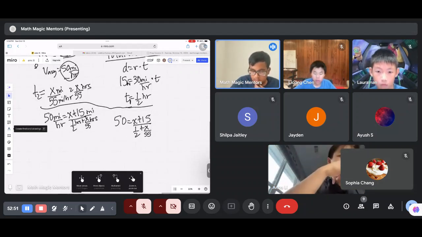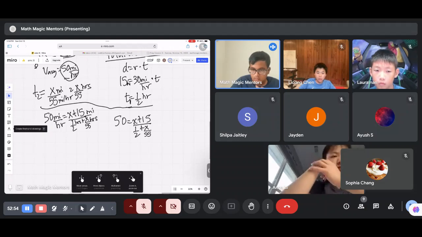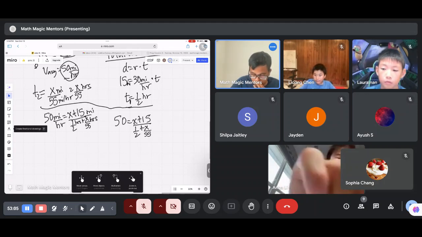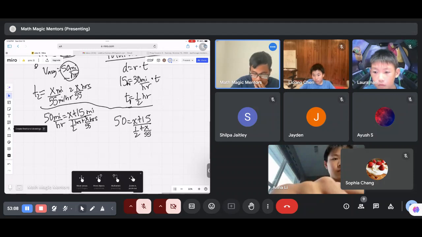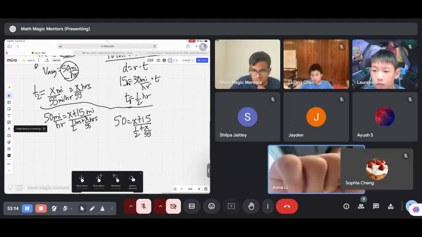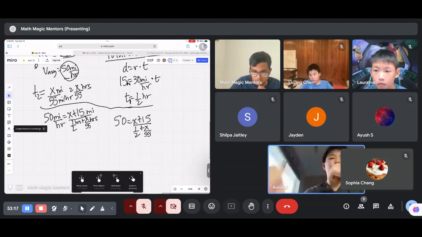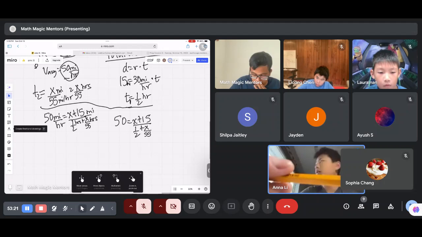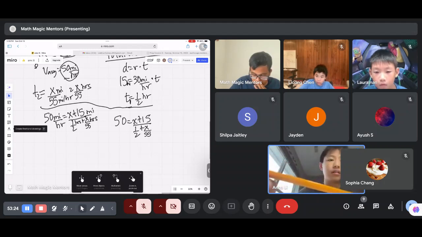Can you guys tell me how to solve this equation, or have you solved for the value of x? Do you multiply x plus 15 times the reciprocal of the denominator?